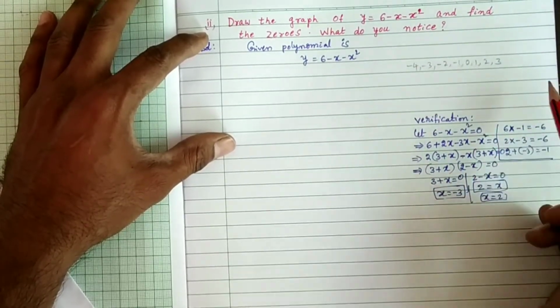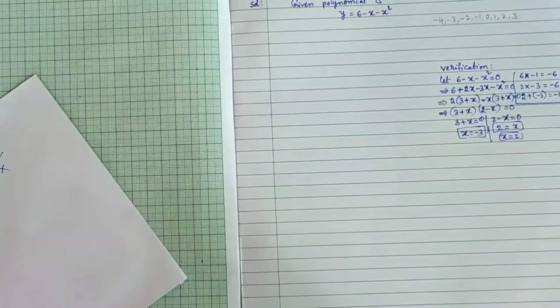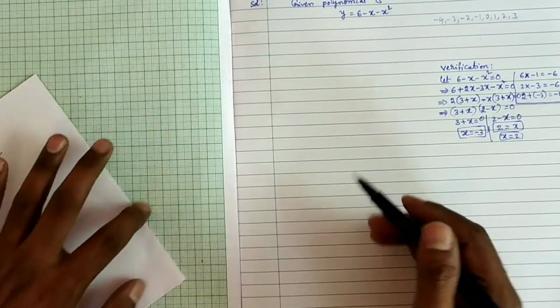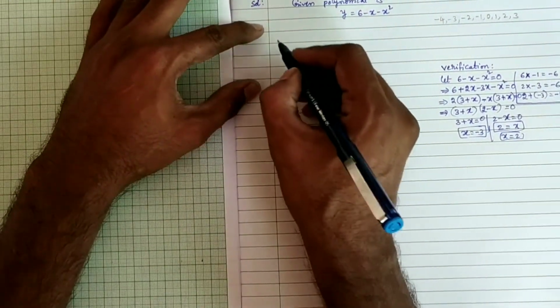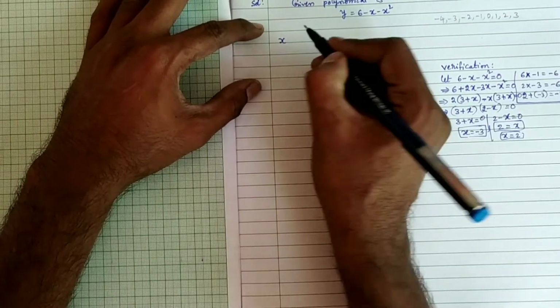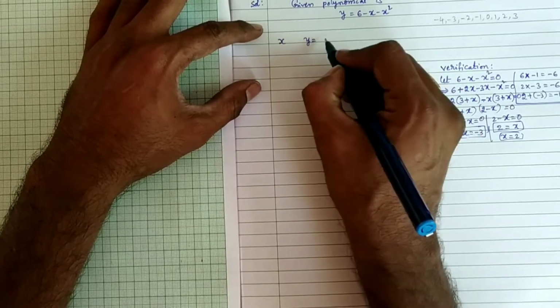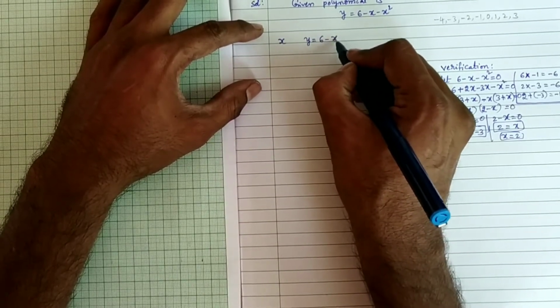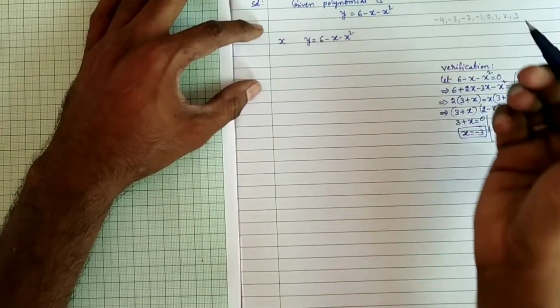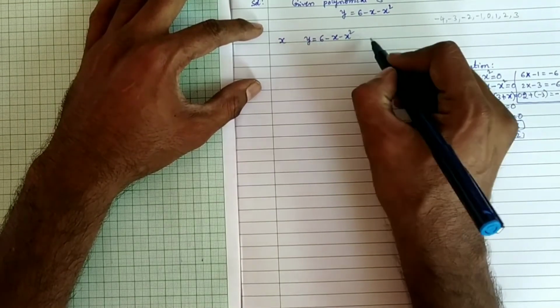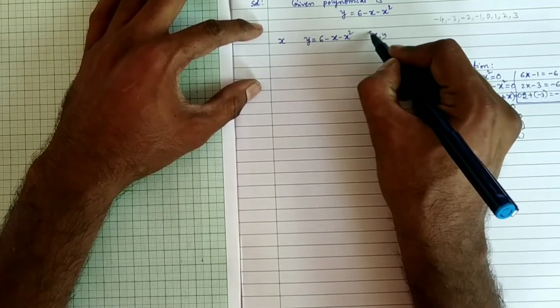So form a table. The first column is x, the second is the y value, that is 6 minus x square, and the next is the point x comma y.